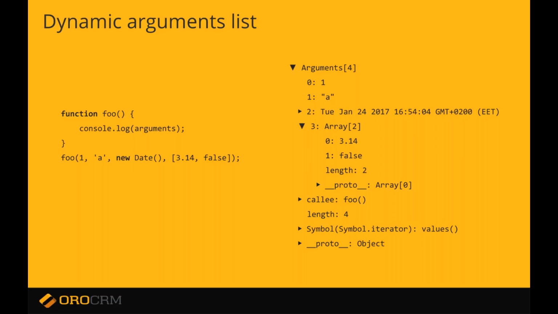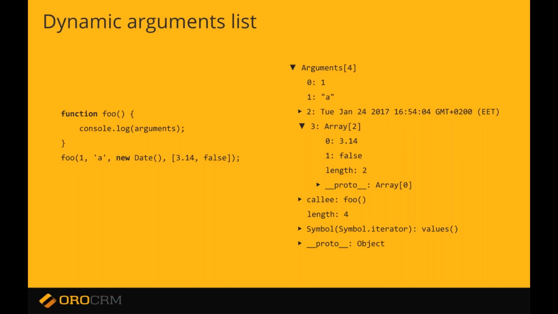So we have enumerated items. We see that the item with index 3 is an object created by the constructor Array, and it has 2 items, and our arguments has 4 items.